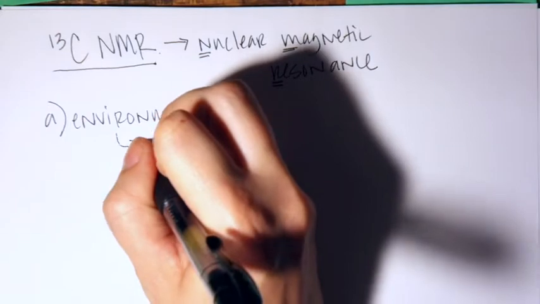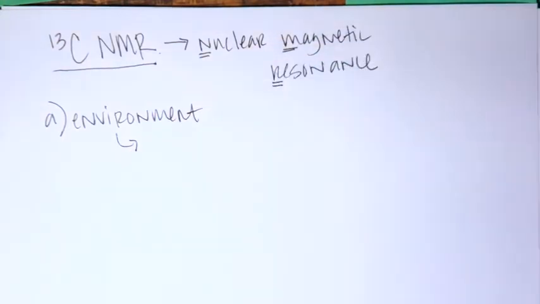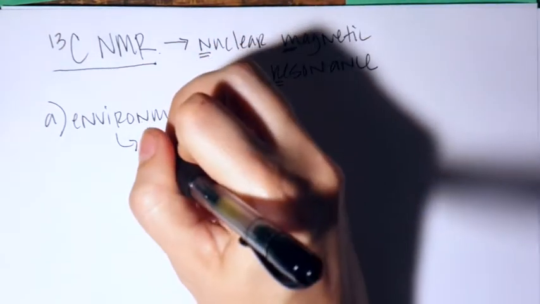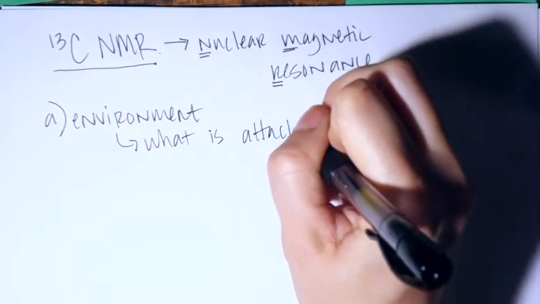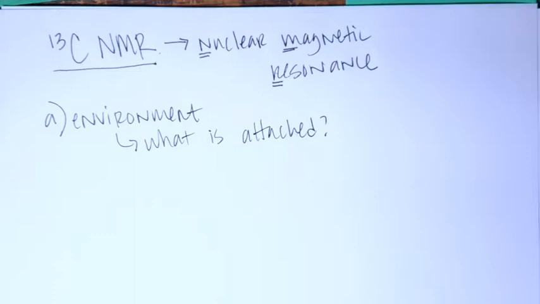And so what this means, what it's telling us, is what is attached to the carbons. Okay, and so that just means if we look at a carbon in our structure, it's going to give us some information about what's attached to it.